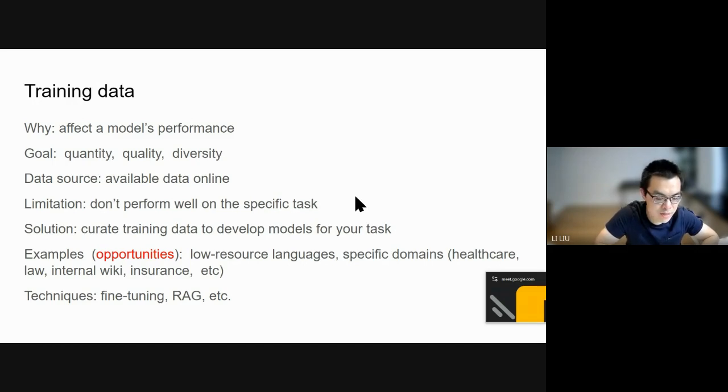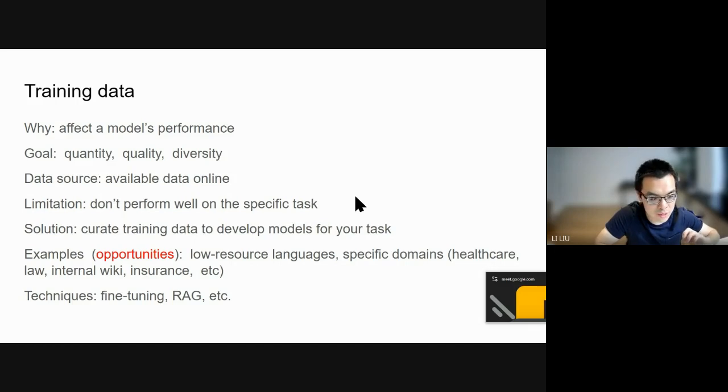However, even though right now these popular models are trained on the largest possible amount of available data online, the limitation is that they will not perform very well on a specific task.